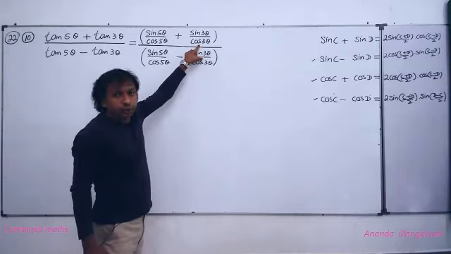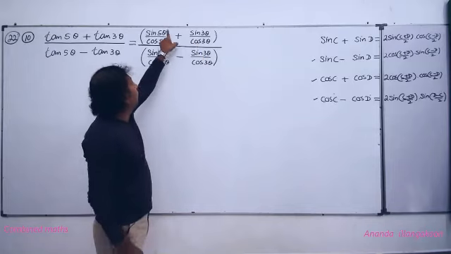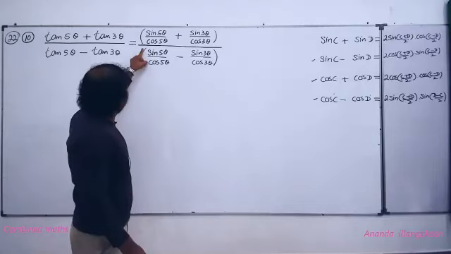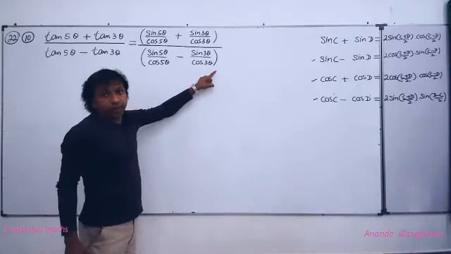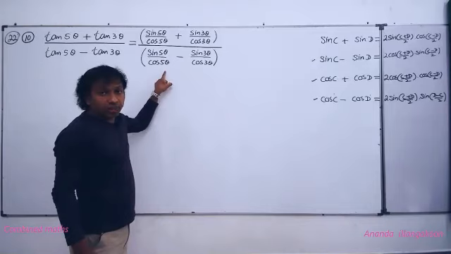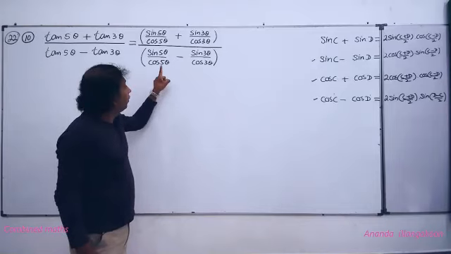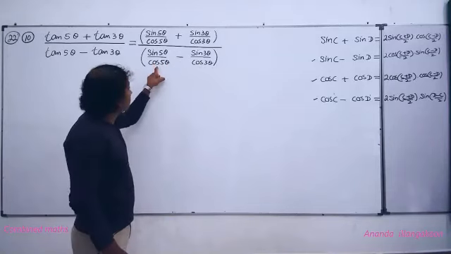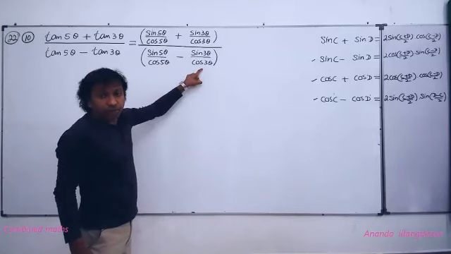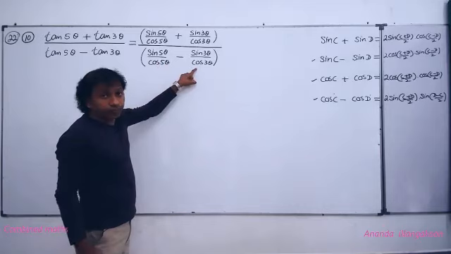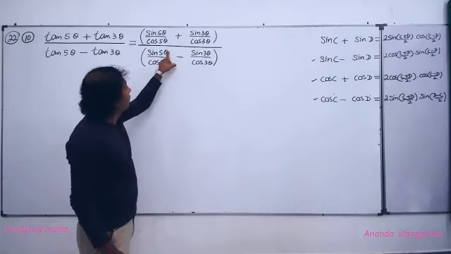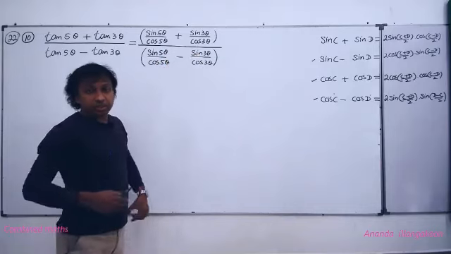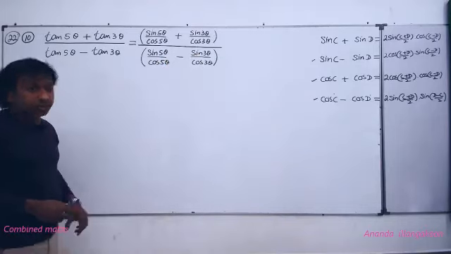That occasion you noticed, by this we have to multiply this, by this we have to multiply this. Similarly, for this denominator, as the LCM, we take the product of this and this. Whenever we take the product, you have to multiply by this sine 5 theta, by this sine 3 theta. That is the next step, people.